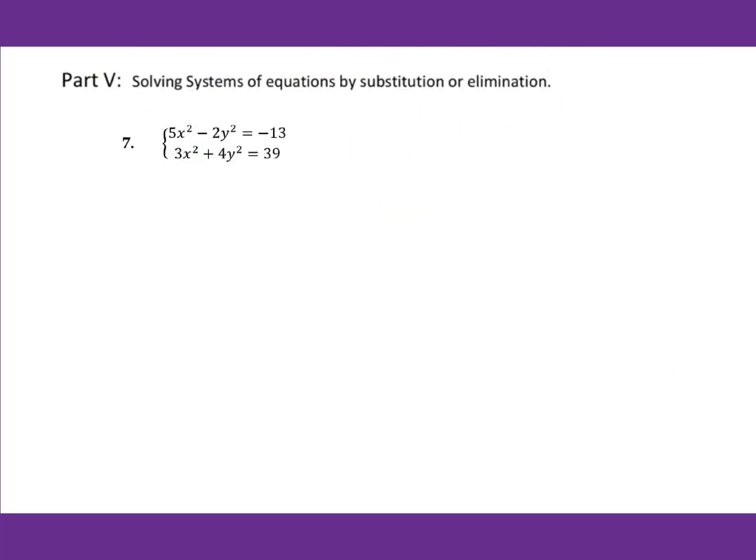Now let's go to number 7. Since for this equation we have x squared, y squared, definitely elimination will be the better way to solve. For elimination, we want to get the equals a constant format. This is already that format.